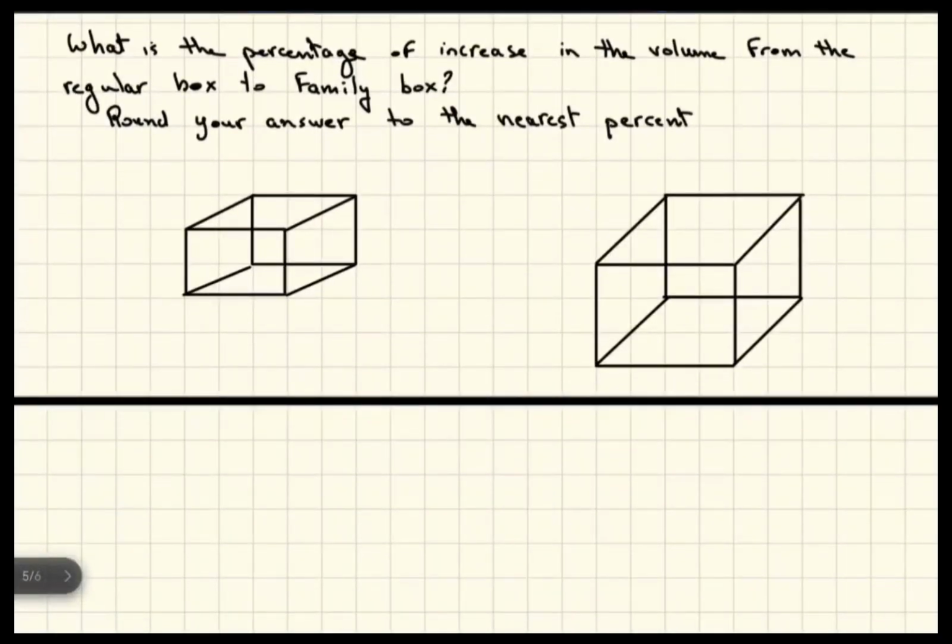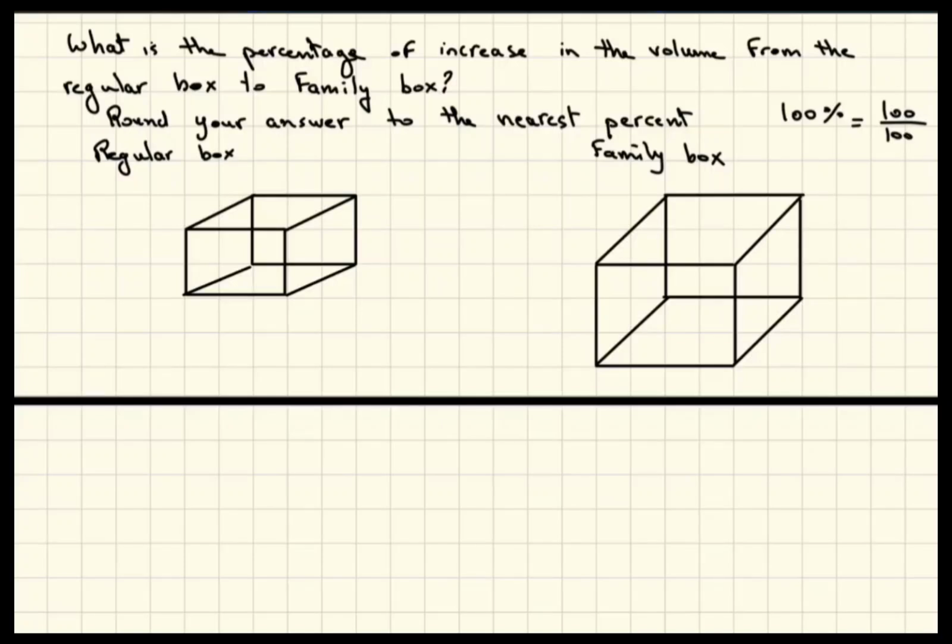Alright. Now, no need to draw in this question, but I will draw just to explain to you. So this is the regular box and this is the family box. Now, before we start with this, I want you to remember this 100%, it means 100 over 100. So always percent, it means over 100, which is the same thing as 1.